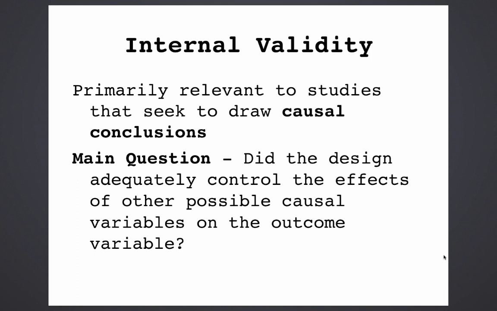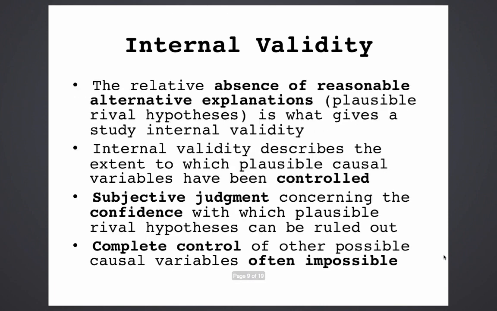And so we're just trying to evaluate the design in order to determine whether or not it's effectively eliminated all plausible alternative explanations. And that's exactly what this slide says. So we will look through the methods and we will decide if a study is internally valid, if there's an absence of reasonable alternative explanations. And the way that's established is through control.